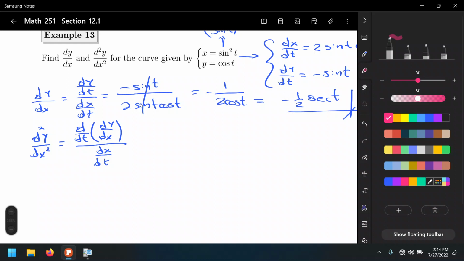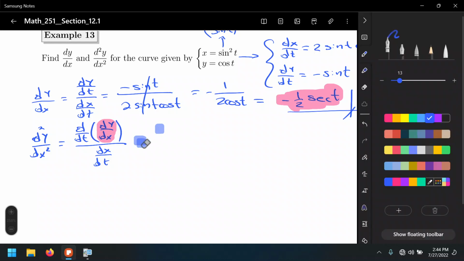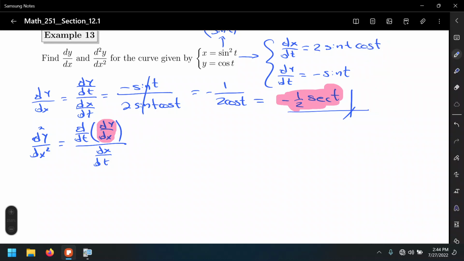This quantity right here is going to go here. So that's going to be the derivative of negative 1/2 secant t over the derivative of the x equation, which is 2 sine t cosine t.